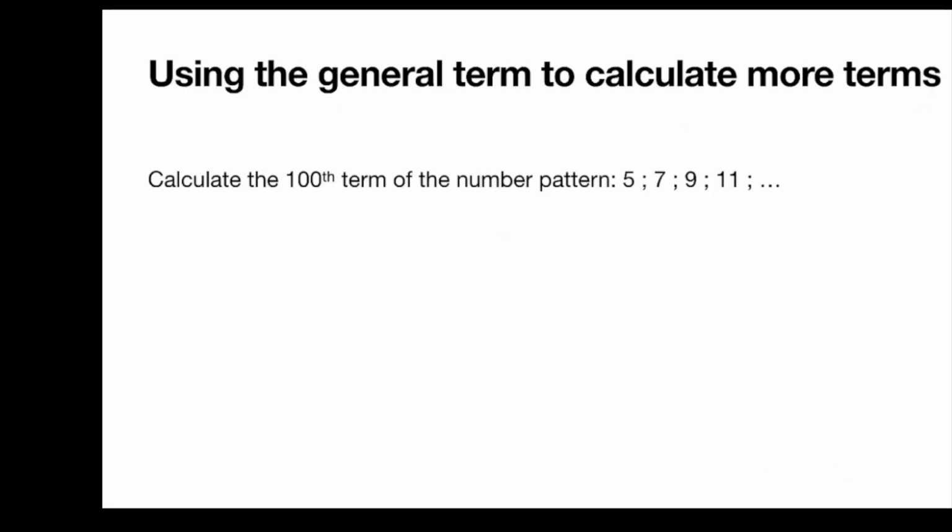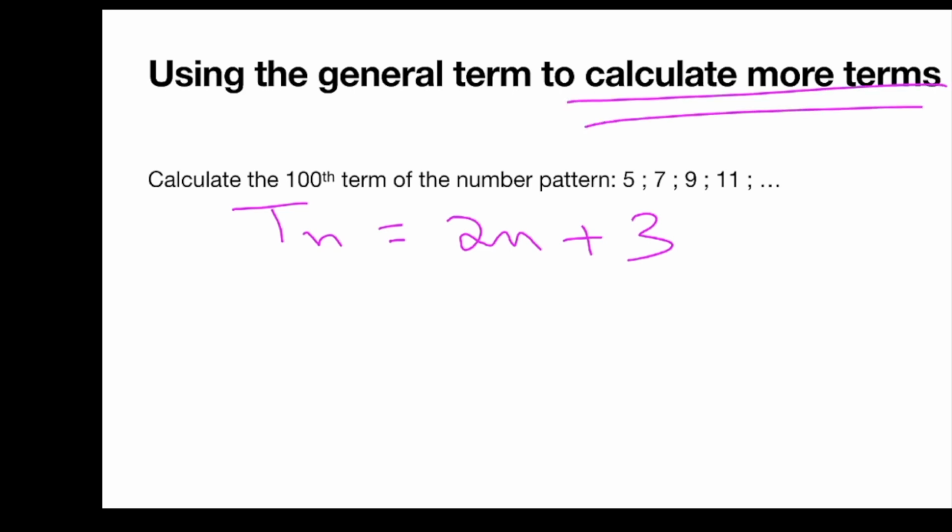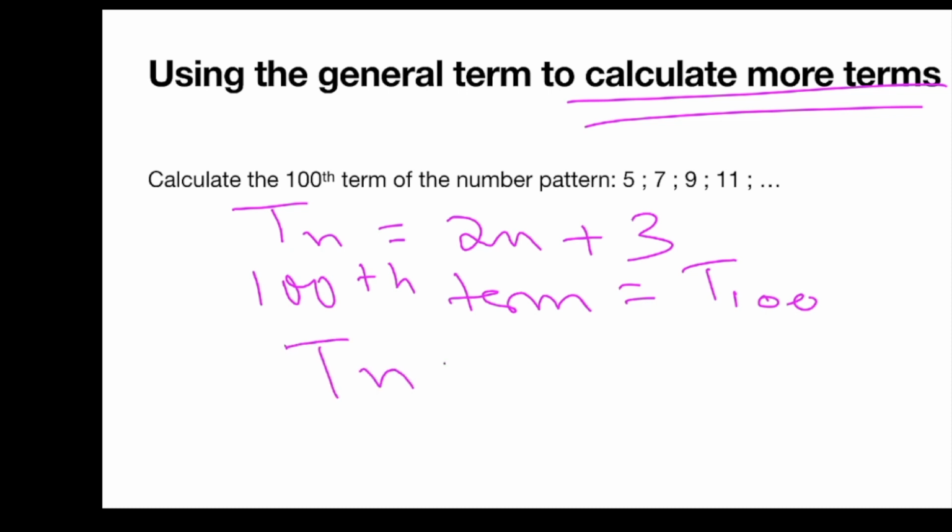Right. So remember, we said here the general formula is 2n plus 3. How do we use the general formula to calculate more terms? Like, how do we find the 100th term? Remember, the 100th term is what we mean by T100. But we know that Tn is equal to 2n plus 3.